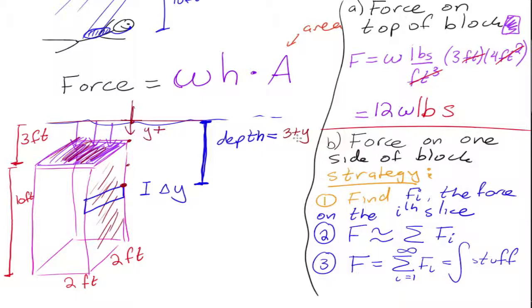So this is the x-axis right there, right? So this point would be at, so here's y equals 0, right? This would be not 3 plus y, it would be just y, right?